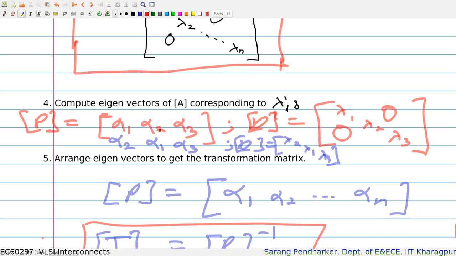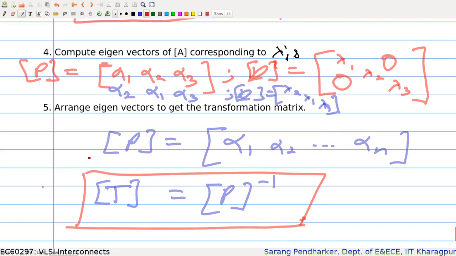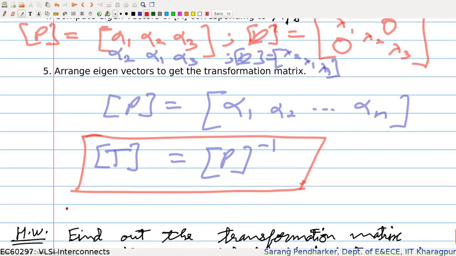But as long as you follow the order of the eigenvalues and eigenvectors, and take care of this transformation, you will still be able to decouple your equations, and we will see with examples in the next lecture how we can get this.